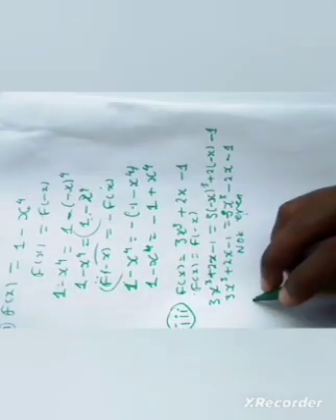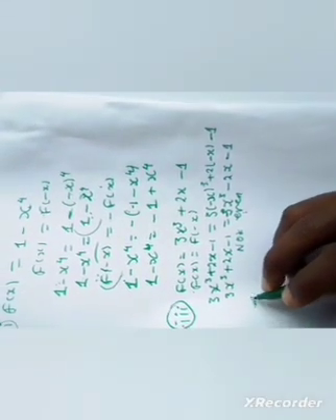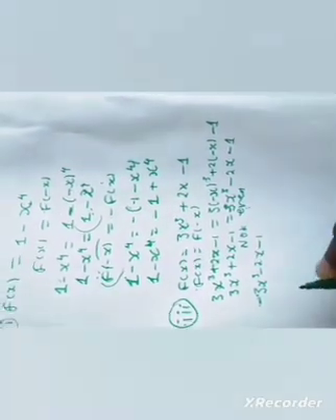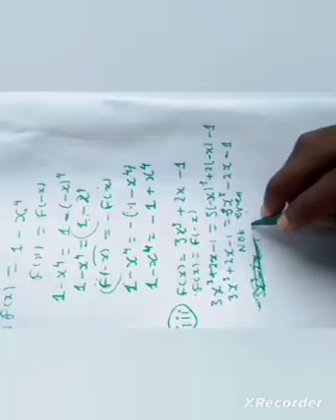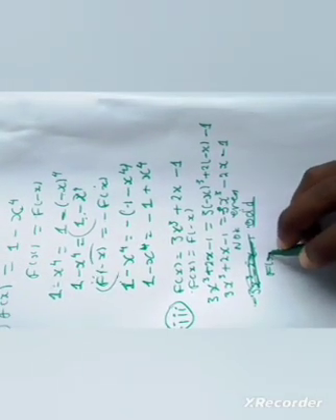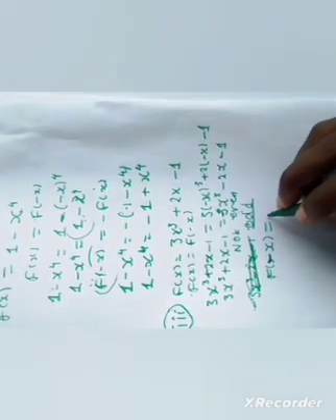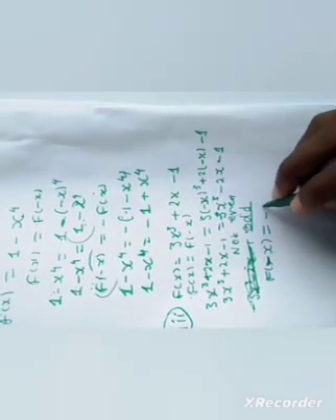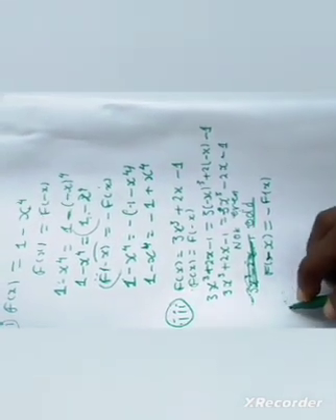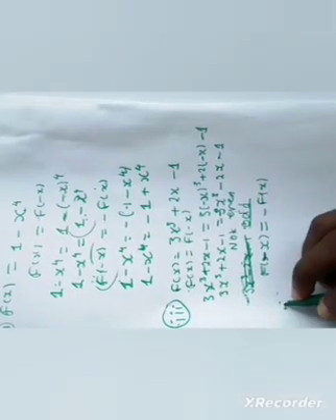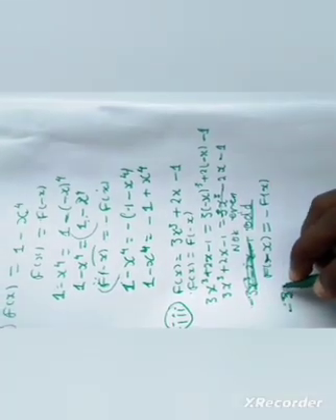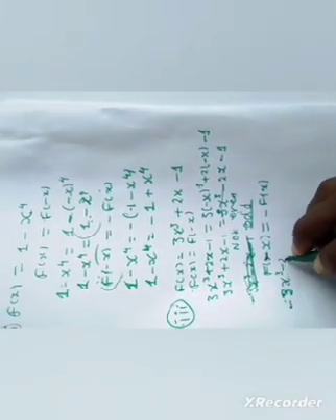So if it is odd, let me write a statement. It means that what I get when I substitute x with negative x should be equal to what I get when I multiply the whole given original function throughout with a negative. So what am I getting when I substitute x with negative x? I'm getting what I have here, which is negative 3x power 3 minus 2x minus 1.